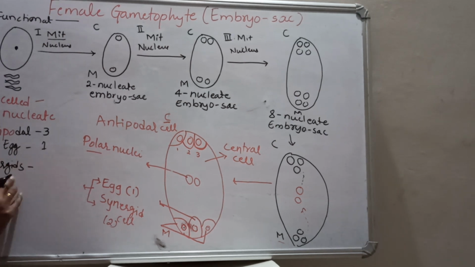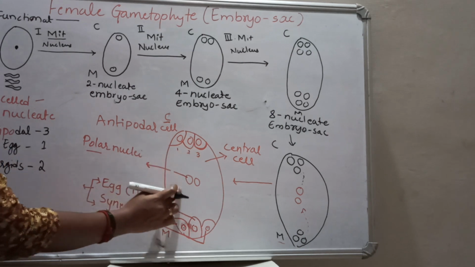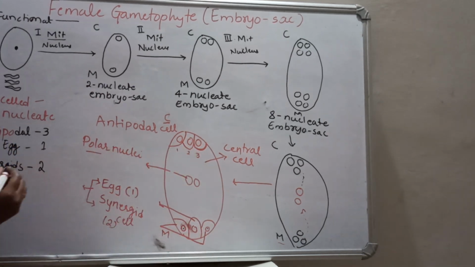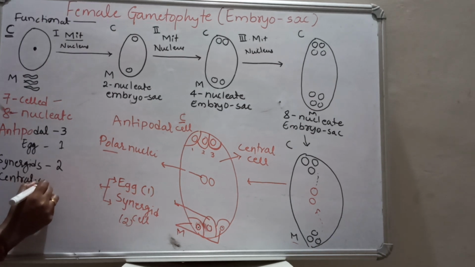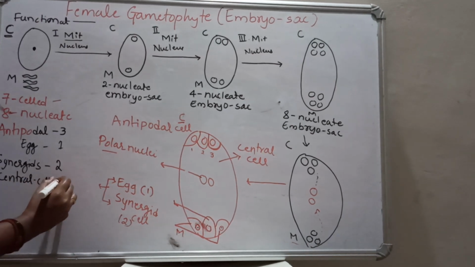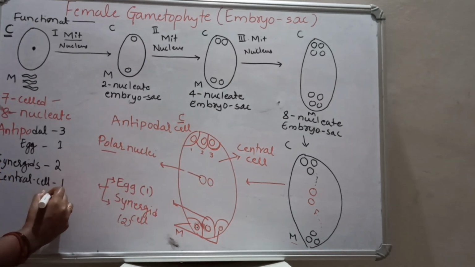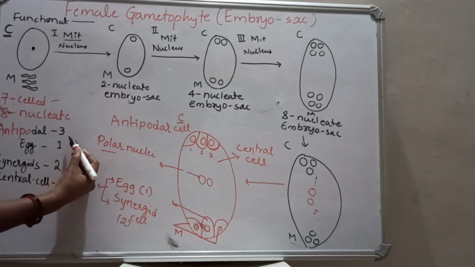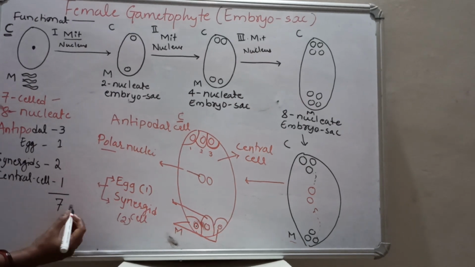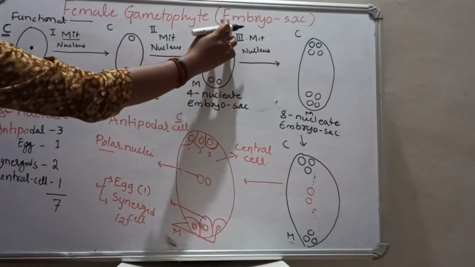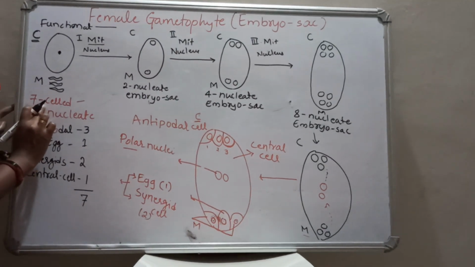This entire cell is called the central cell. How many central cells are present? Only 1. Totally 3, 4, 5, 6, 7: 7 cells are formed in an embryo sac. That's why it is called 7-celled.